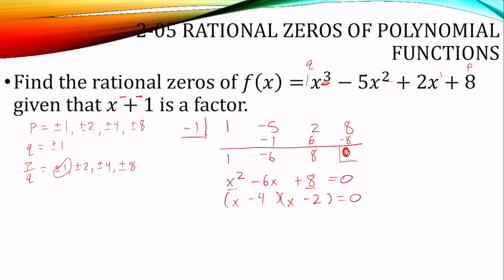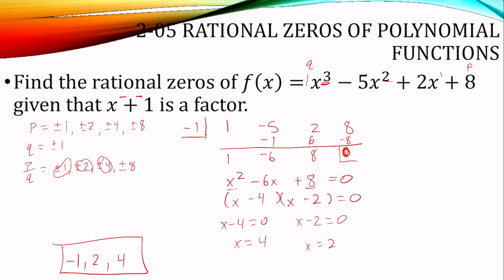That adds up to make the negative 6. And then each factor equals 0. So x is 4 and x is 2. Notice we have the 2 and the 4 in our list. So all our zeros are negative 1, 2, and 4. Notice it is x cubed, and we have 3 zeros.